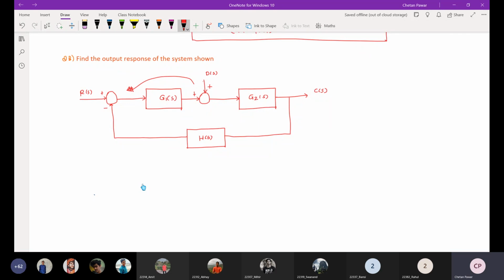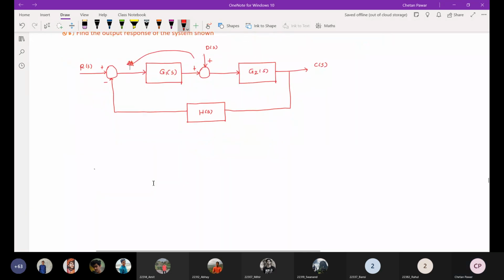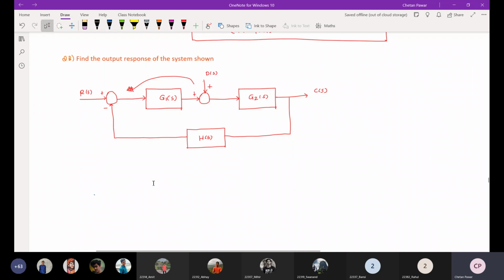As we know, in circuit theory, if there are two voltage sources or one voltage source and one current source, and you want to find the current through a particular branch or the voltage across it, which theorem do you apply? You apply superposition, right?